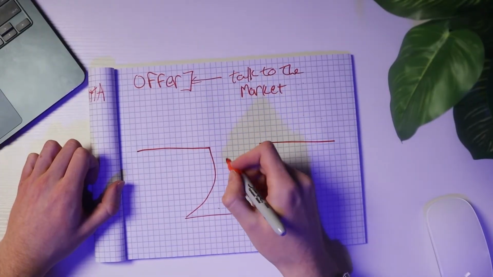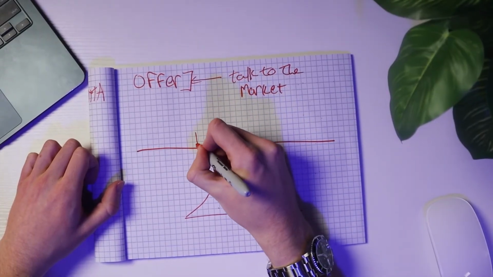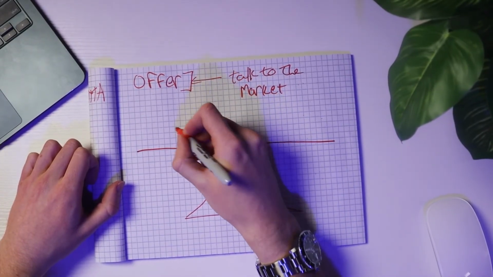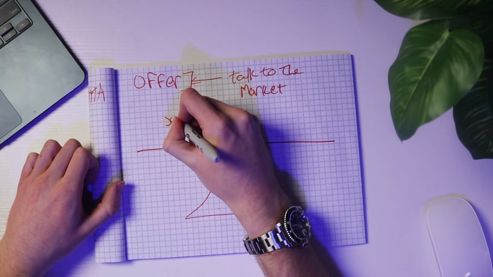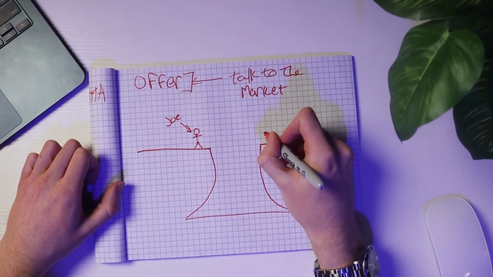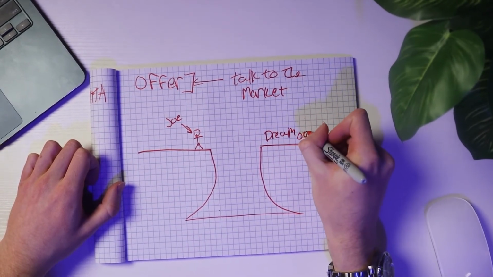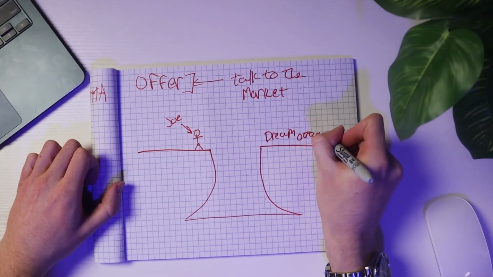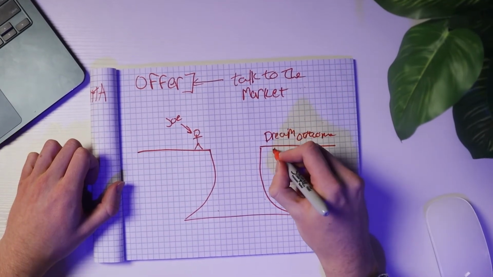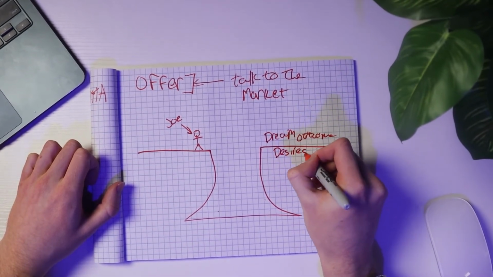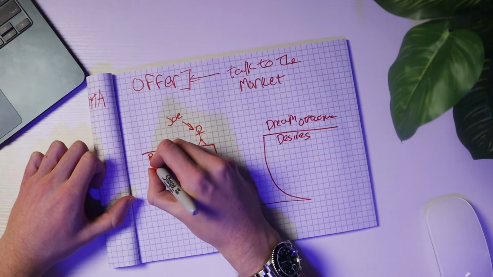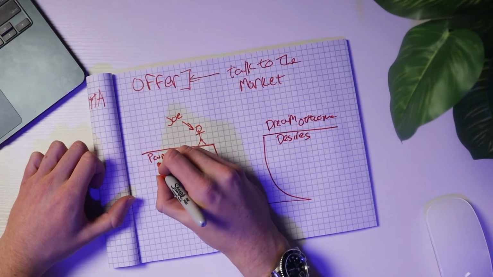Here we have a cliff, right? We have our guy here, name him Joe. And Joe wants to go over here. This is his dream outcome. Or his desires. Over here, Joe is stuck in his pain.